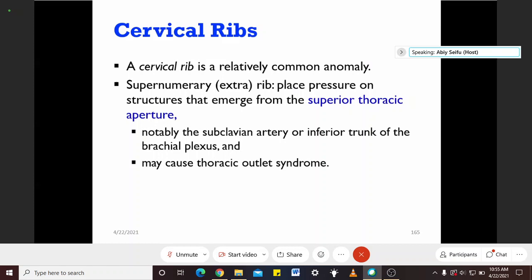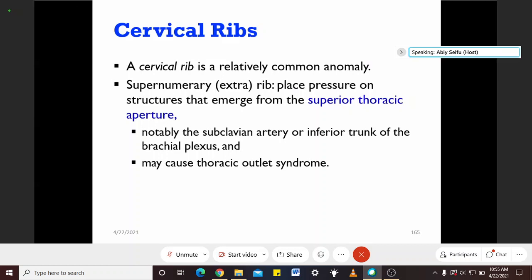These types of ribs especially occur if there is fusion of vertebrae, sacralization and lumbarization, because there is a shift of ribs towards the superior. These small, rudimentary ribs apply pressure on the neurovascular structures that exit from the thoracic aperture.